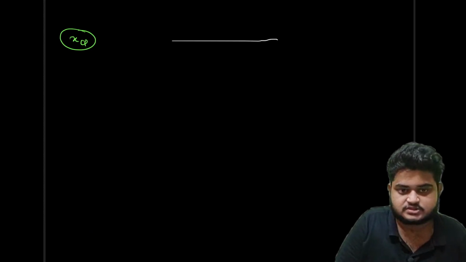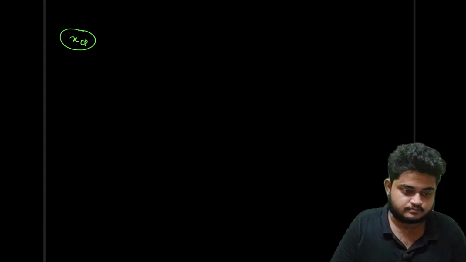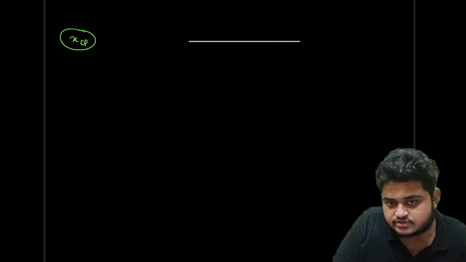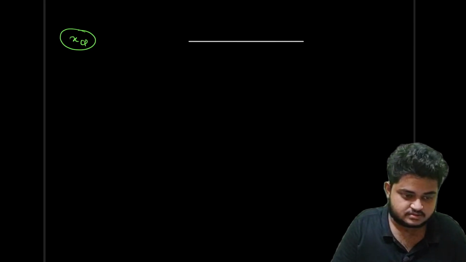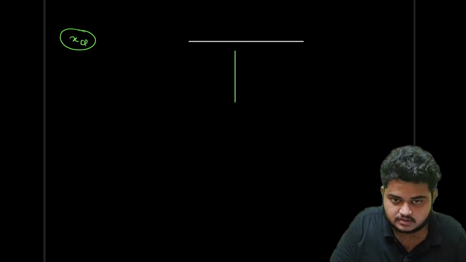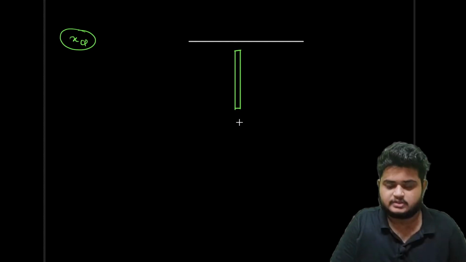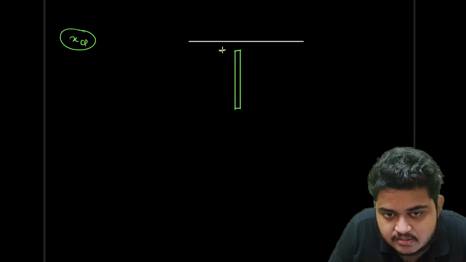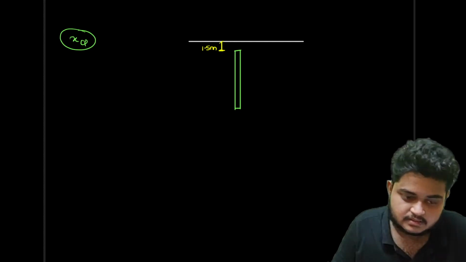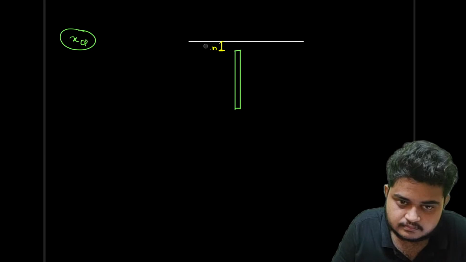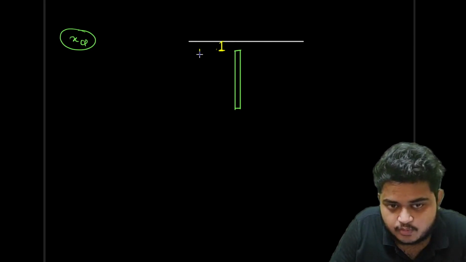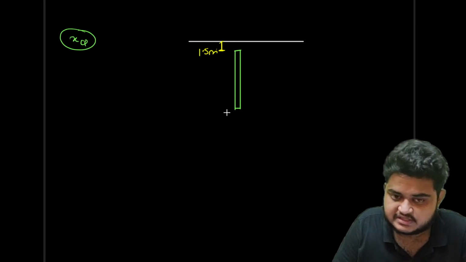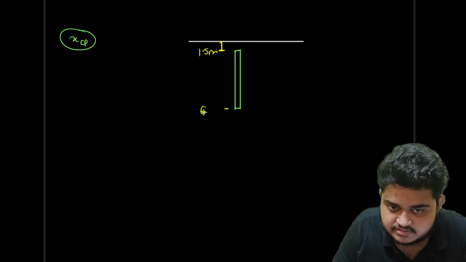Wait, just a second. Let us draw the surface, and it is given that the distance of the top point from the surface is 1.5 meter, and the bottom point is at a distance of 6 meter.